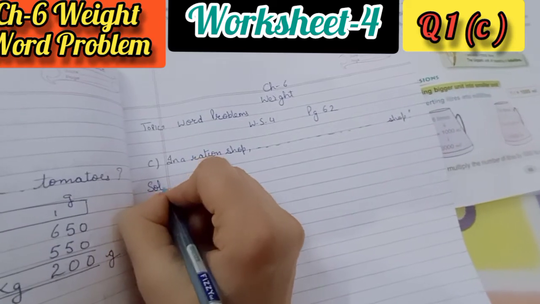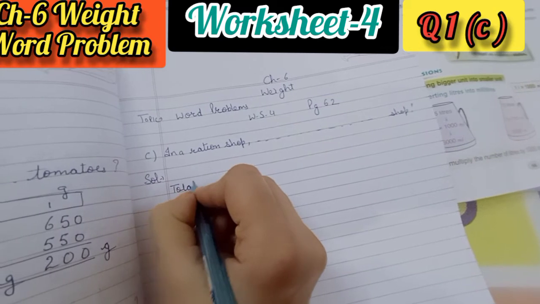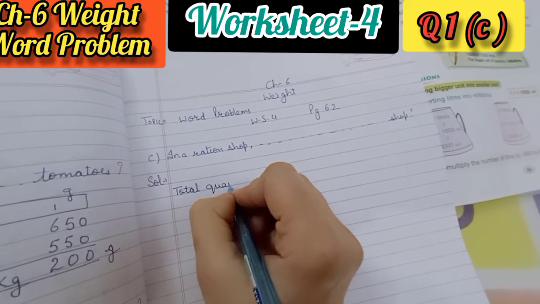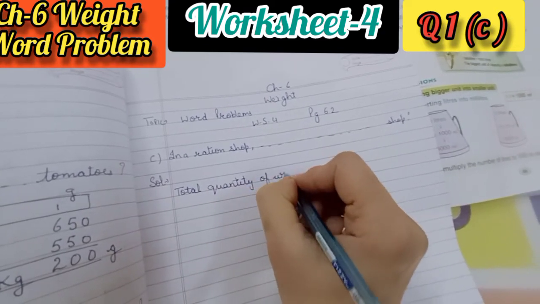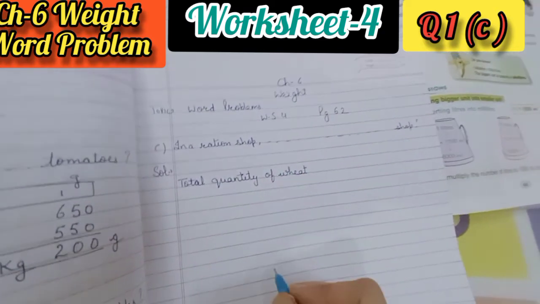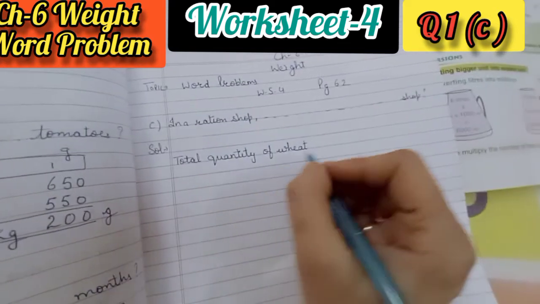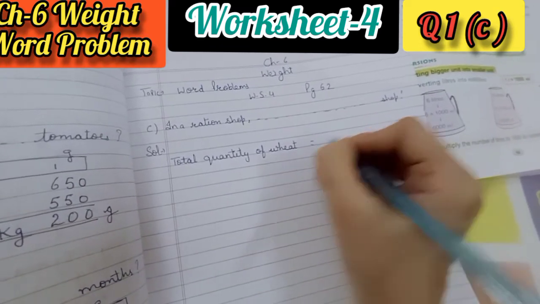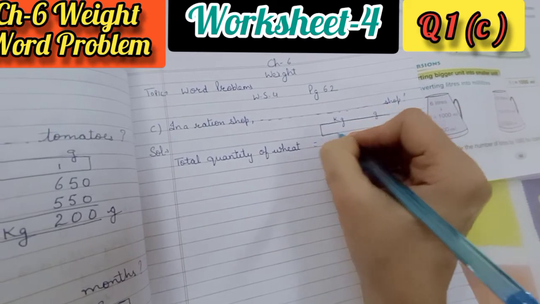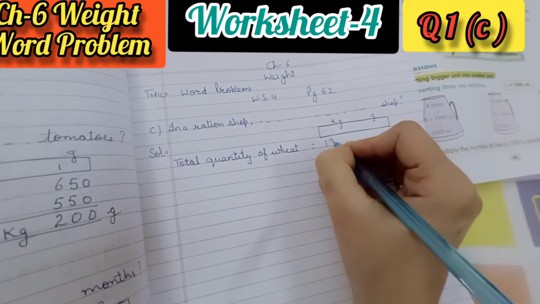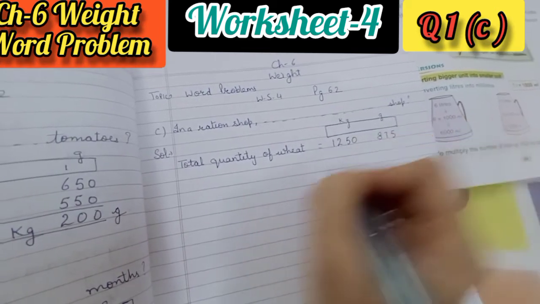In solution, you will write total quantity of wheat, because weight is in quantities, so we will write the total quantity of wheat. Take 2 columns, then the borrow box, 1250 kilogram and 875 gram.